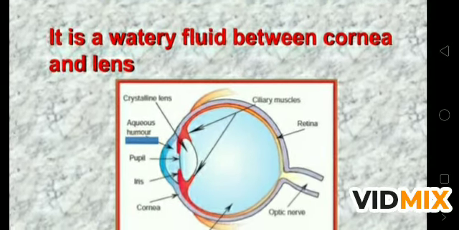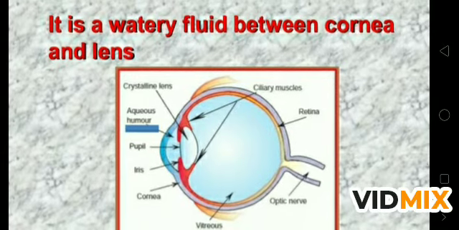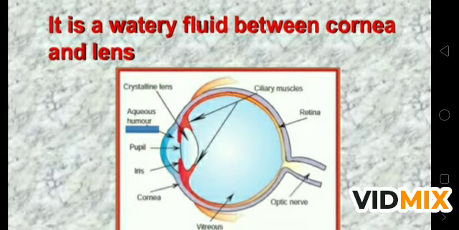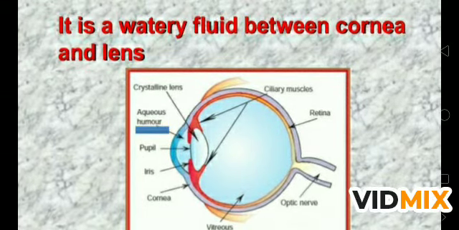Next is aqueous humor. If you see in this diagram, it is a watery fluid between cornea and lens. Sometimes when any particle falls in your eye and you rub your eye, you see that some watery substance comes out from your eye. That is the aqueous humor, and it is in front of the eye lens.